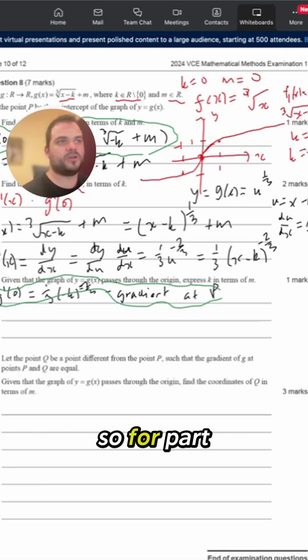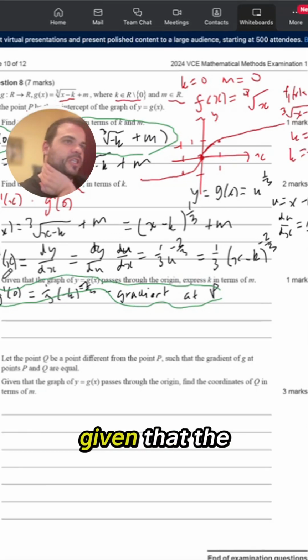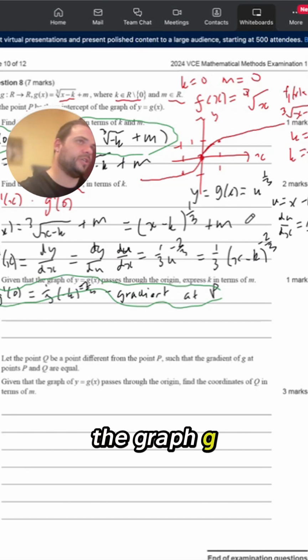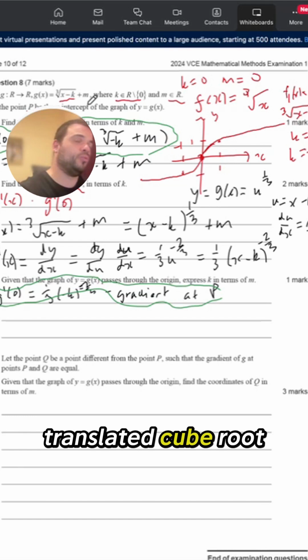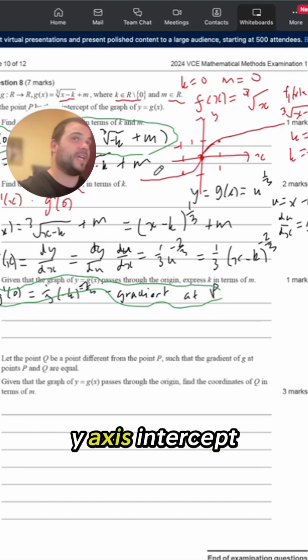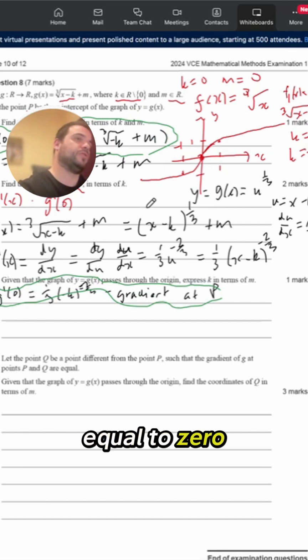So for part C, it says, given that the graph y equals g of x passes through the origin, express k in terms of m. So if the graph g, our translated cube root function, passes through the origin, then when x equals 0, which is the y-axis intercept, y is also equal to 0.